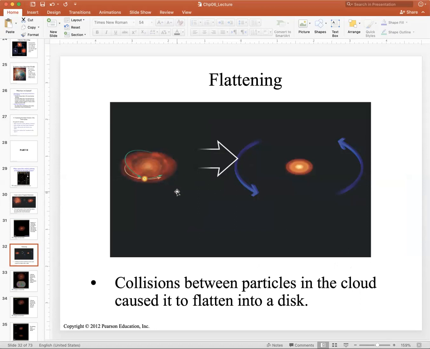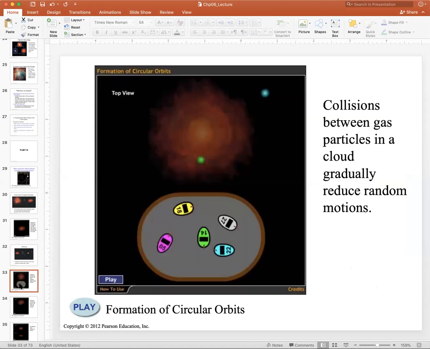So you had wider material that is still rotating, but because of collision between these particles, it started to flatten to a very, very thin disk now, right? And eventually all of these particles, if they are moving in random directions, they started going in the same direction.